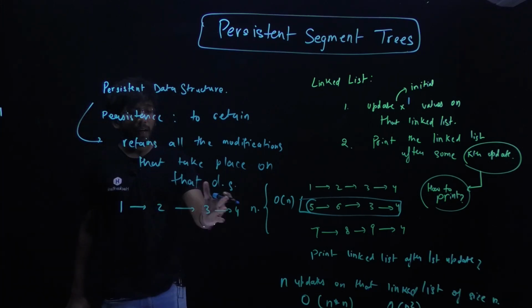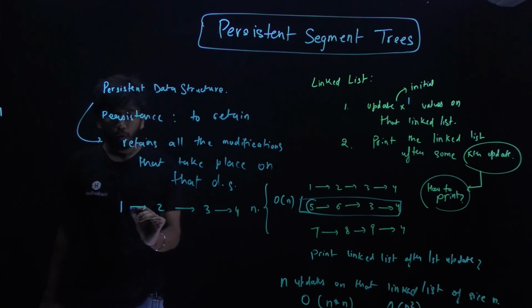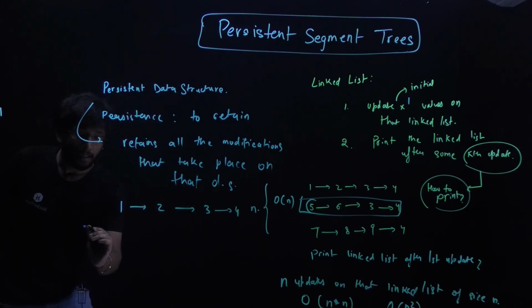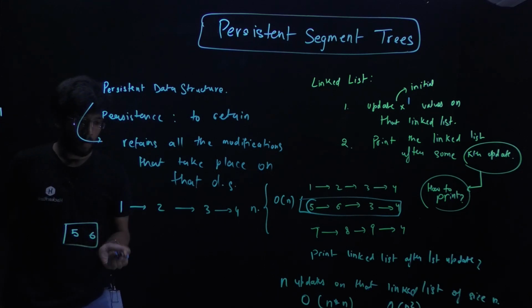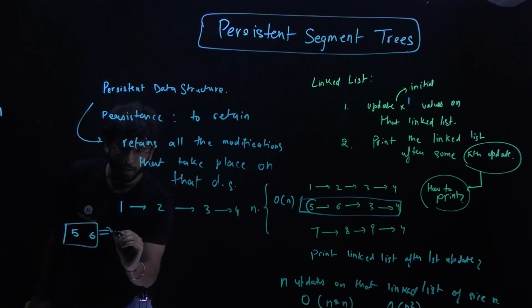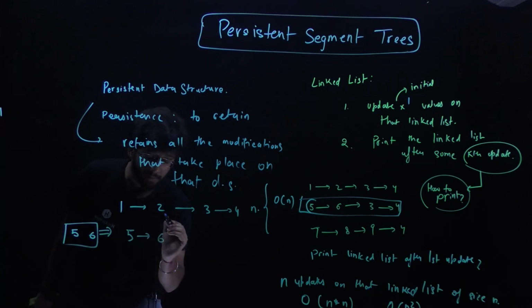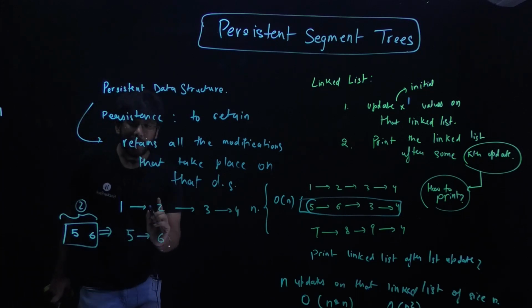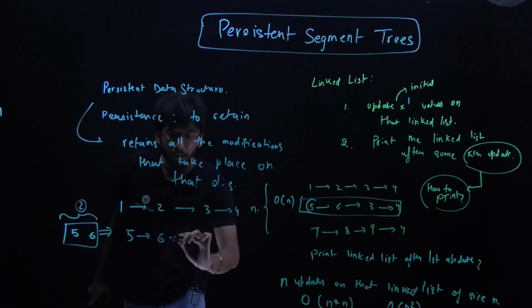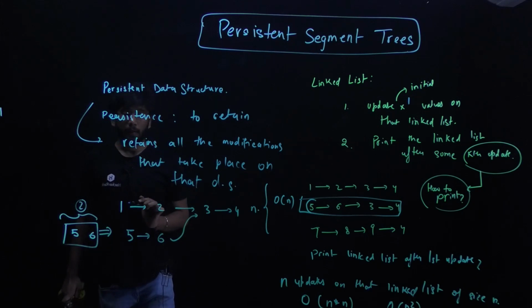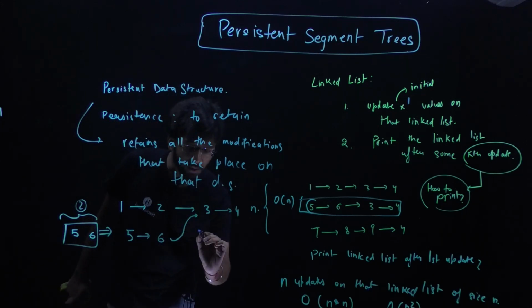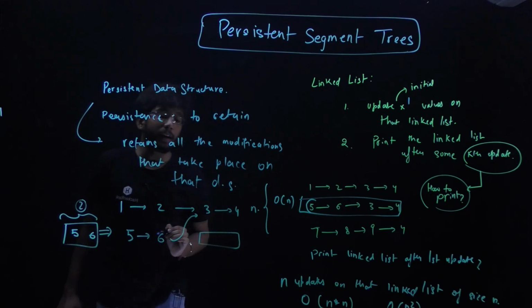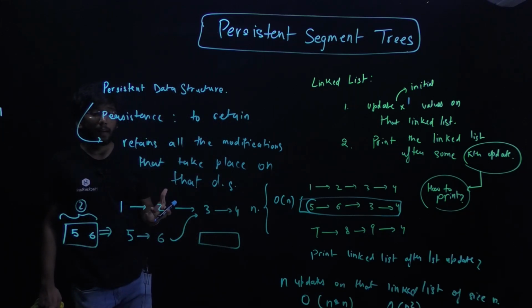Since we know that the other two elements of the linked list would remain the same, I'll write 5 and 6, and now since these are two elements, I'll attach them to the third element in the previous linked list, and this gives me a reduction because I do not need to create the entire linked list again.